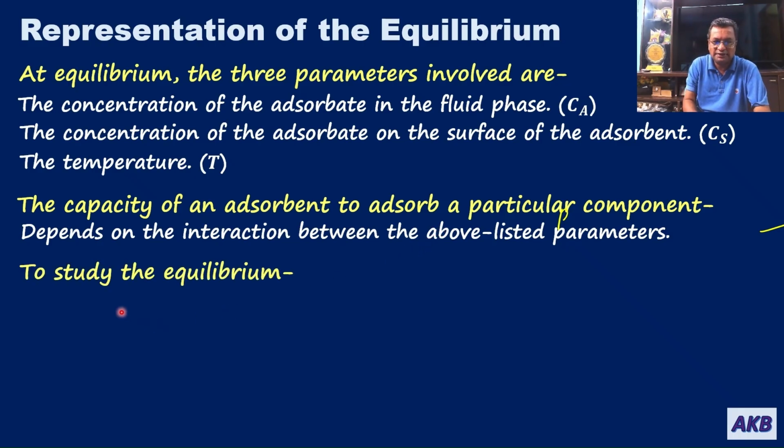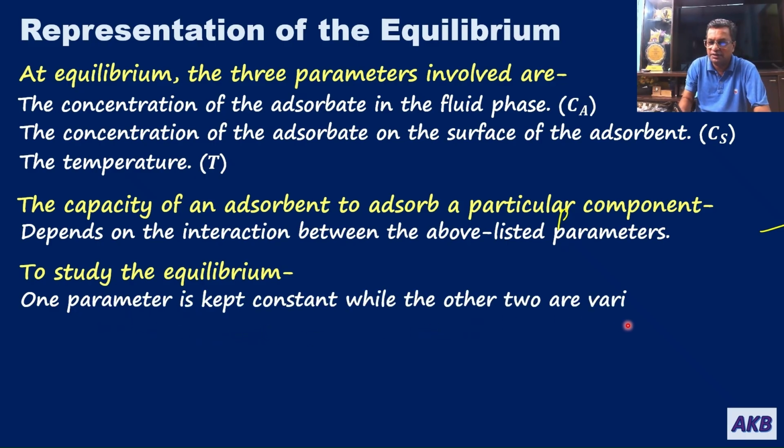Now, as I said, you can study the equilibrium with the help of these parameters, but you can make your job easy. How? You can keep one parameter constant while you vary the other two.